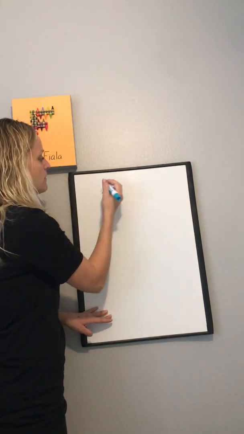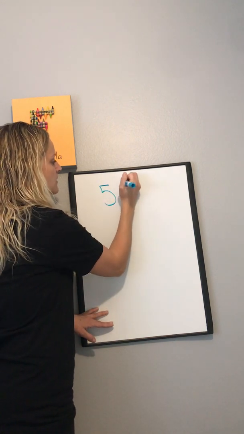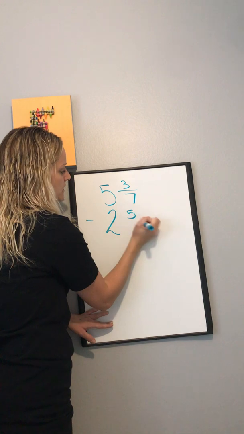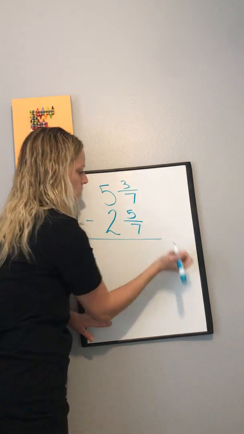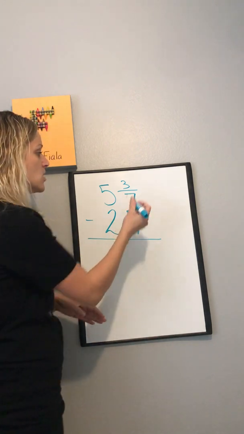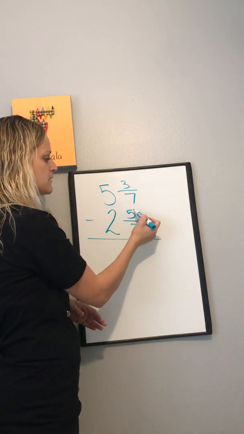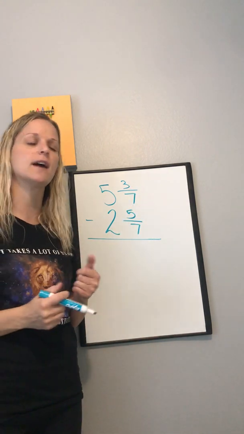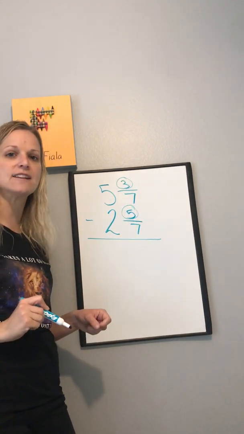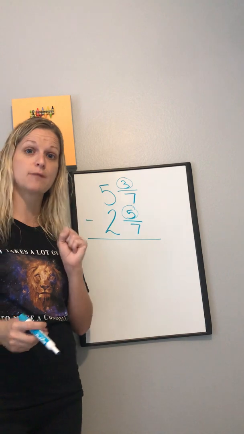All right. Let's do 5 3/7 minus 2 5/7. Okay, so my first step is subtract the fractions, okay? So I'm going to do 3/7 minus 5/7. Can I do that? Can I do 3 minus 5? I can't. So I have to regroup. My second step, regroup.